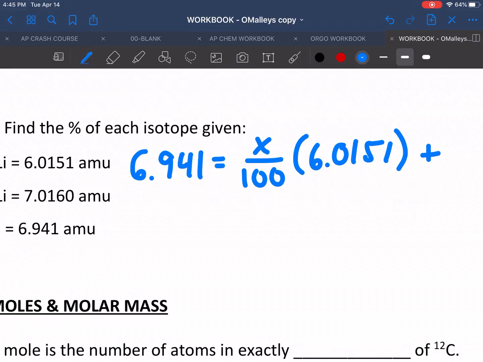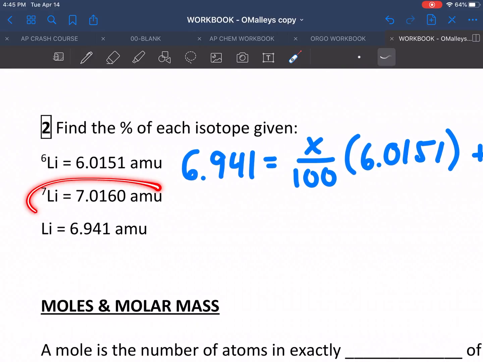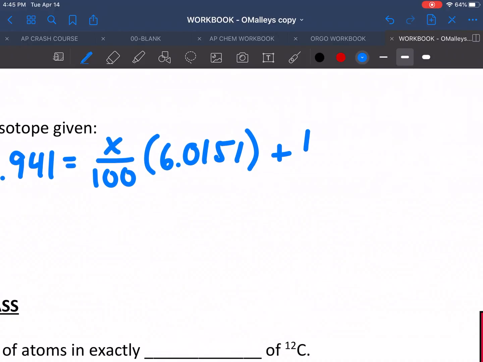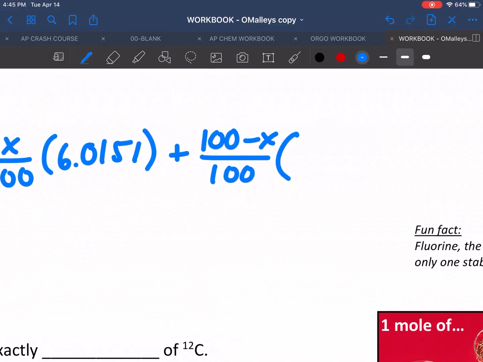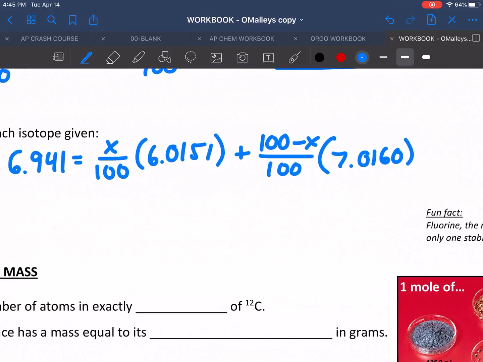And then plus, what's my percentage of the other isotope? Well, there's only two of them given, so they would have to add up to 100. So the other one would be 100 minus x percent times the mass of that other isotope, 7.0160. Got to do some algebra here.